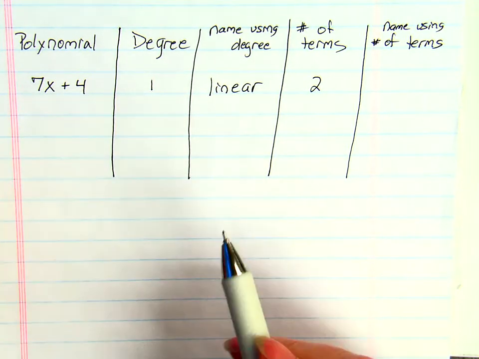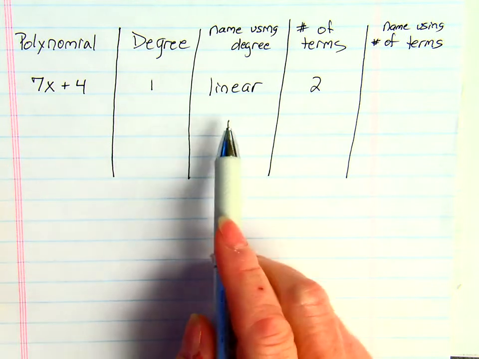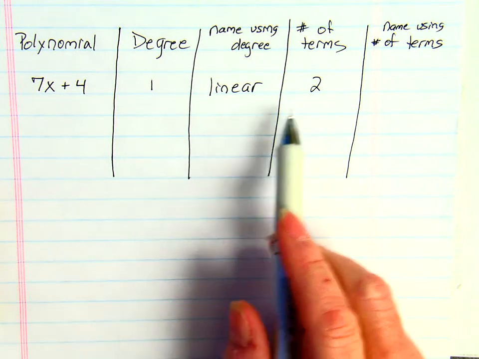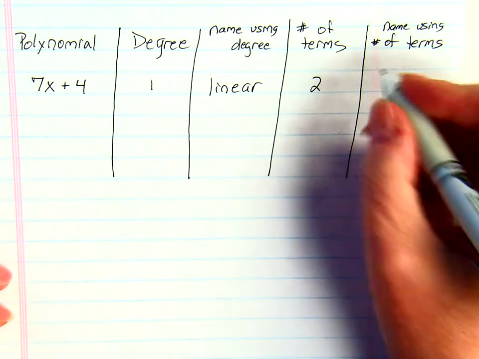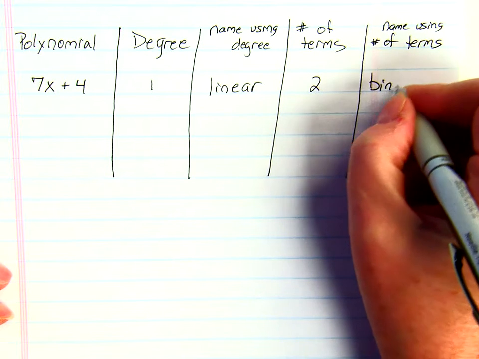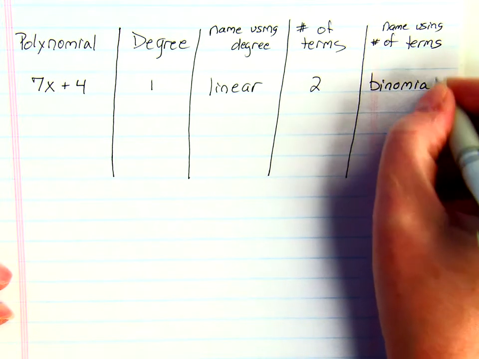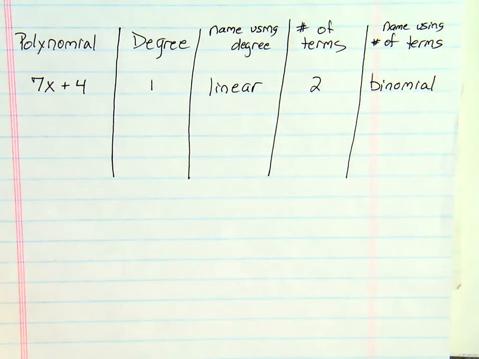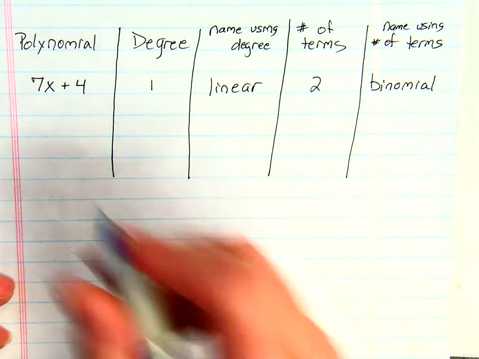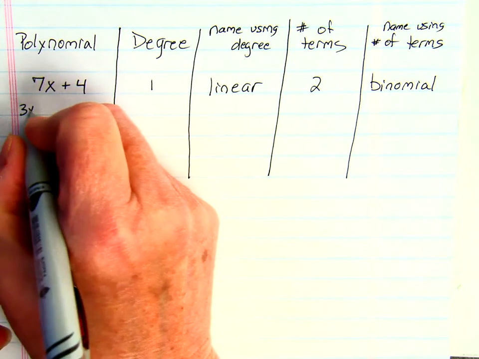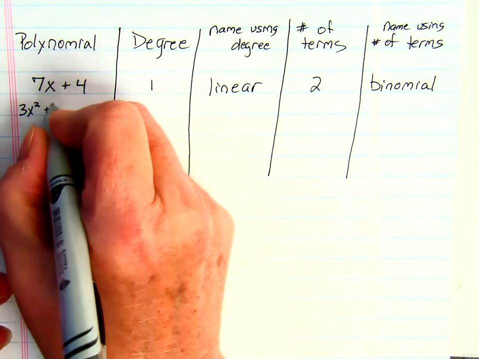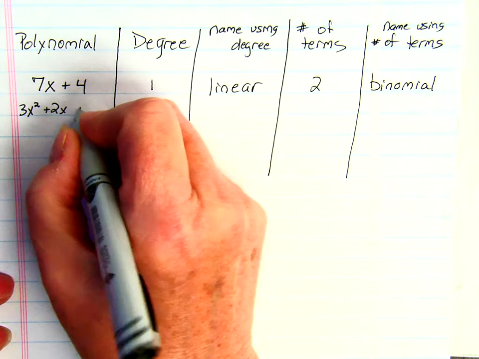This polynomial is a linear polynomial. It has two terms, and we call this a binomial, as I referred to earlier.